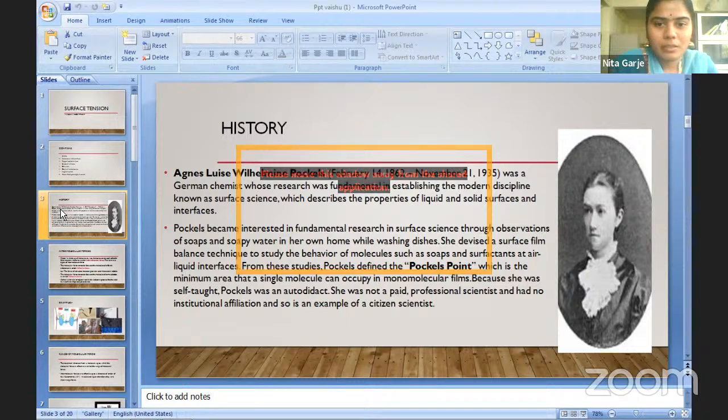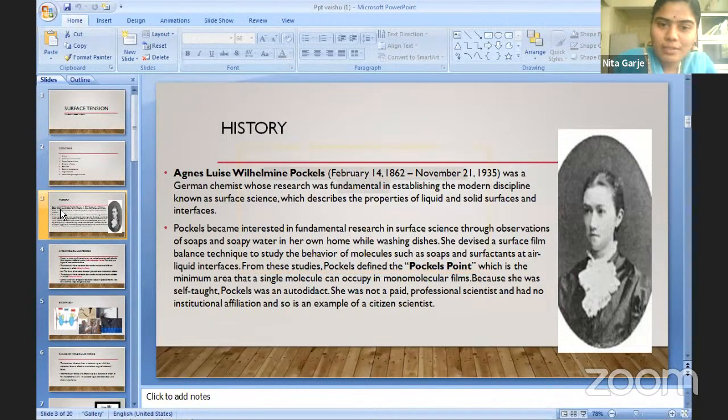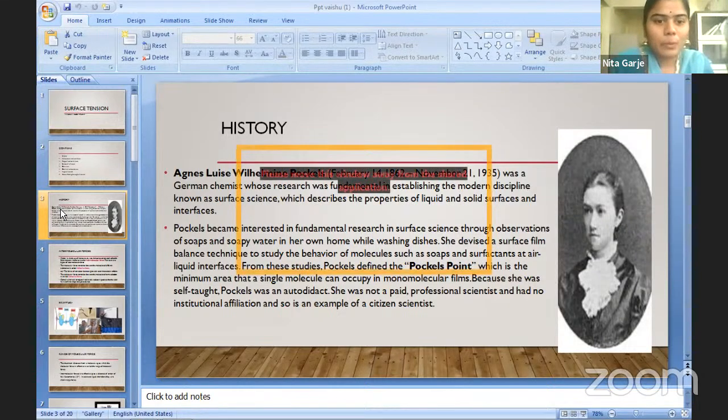She was fundamental in establishing the modern discipline known as surface science, which describes the properties of liquid and solid surfaces and interfaces. Pockels became interested in fundamental research in surface science through the observation of soaps and soapy water in her own home.